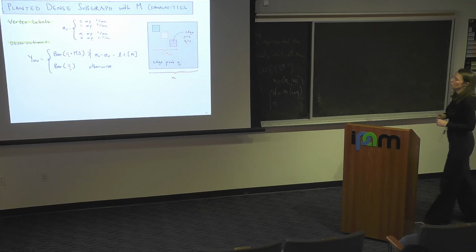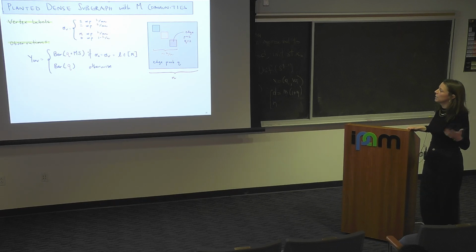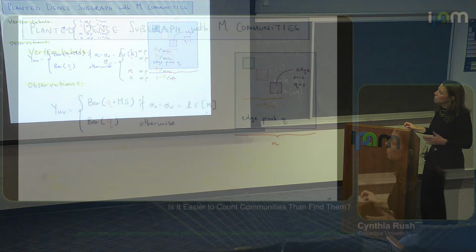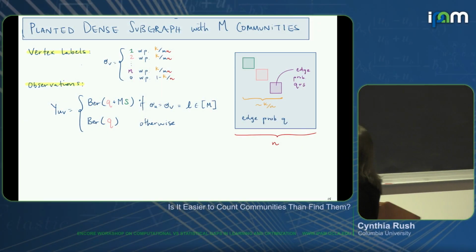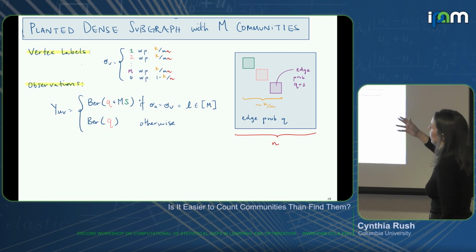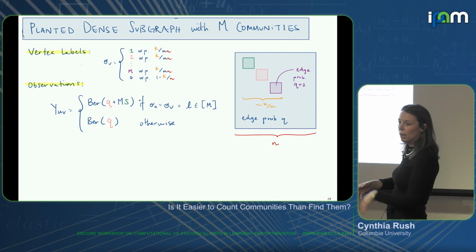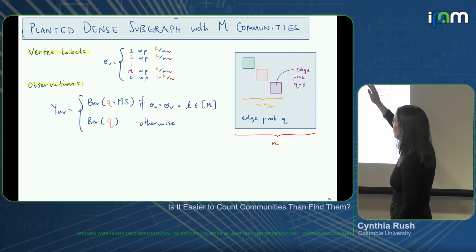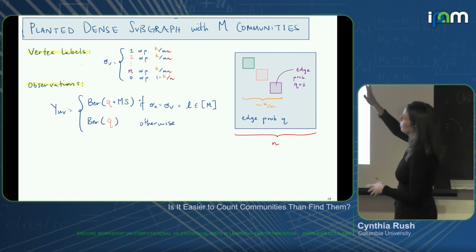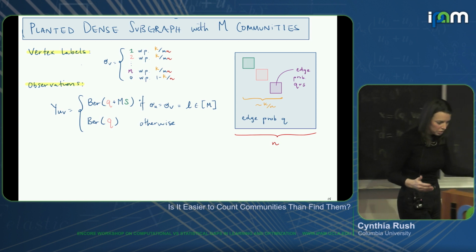The question we actually looked at was related to the planted dense subgraph on M communities. So instead of just having one or two, we generalize this idea where you label the vertices 0 through M, with probability k over mn for the community ones and 1 minus k over n for the others.